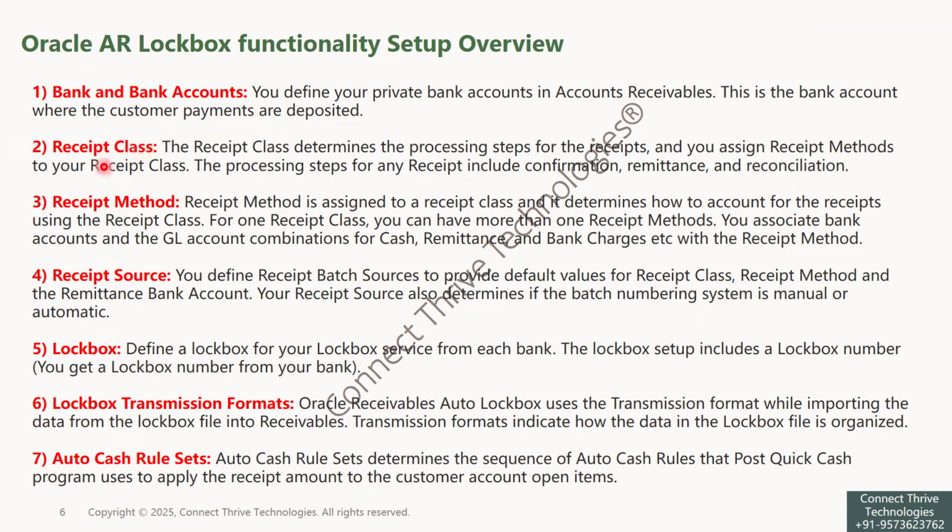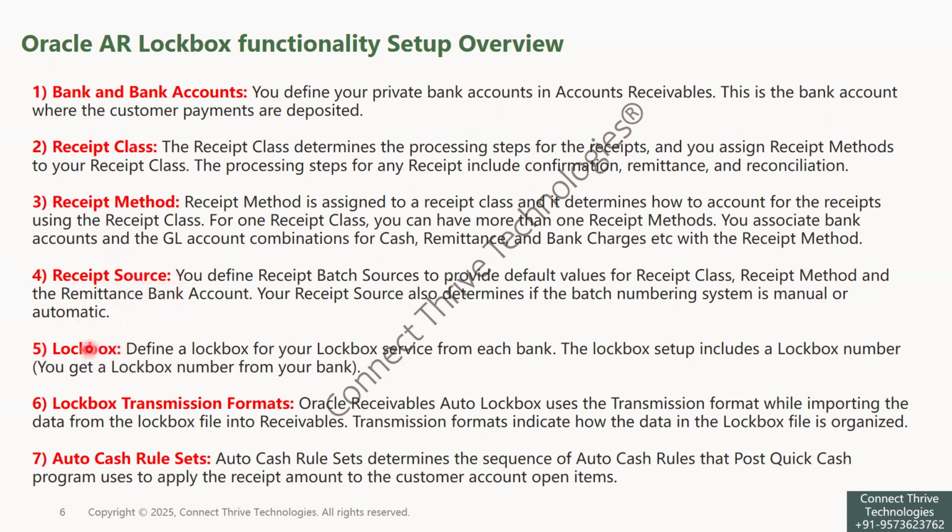Receipt method means the mode of payment we received from the customer, whether cash against your sales invoice, a check, or an EFT. Receipt source gives the numbering against your receipts, and it identifies where we are getting that receipt amount from.